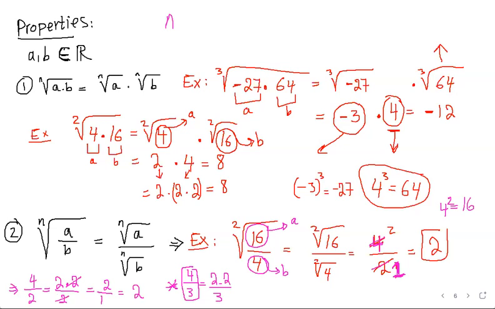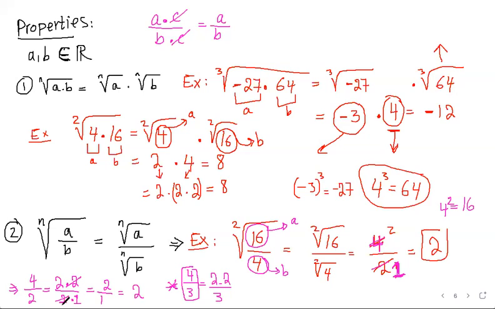If I have something like A times C over B times C, I can cancel the C by the C and they give me A over B. Same thing here. The 4 is equal 2 times 2 over 2 times 1.